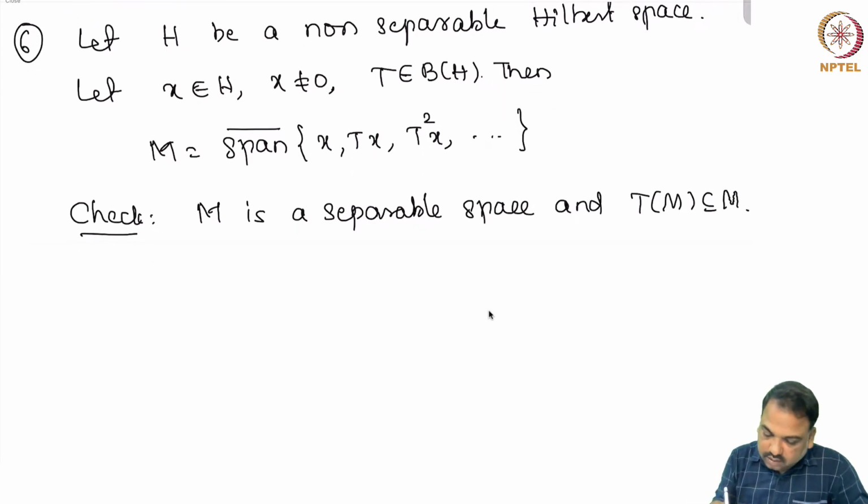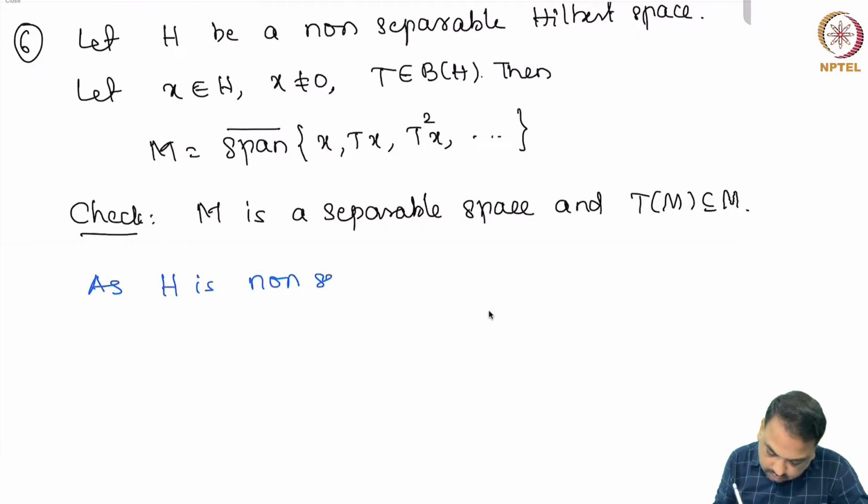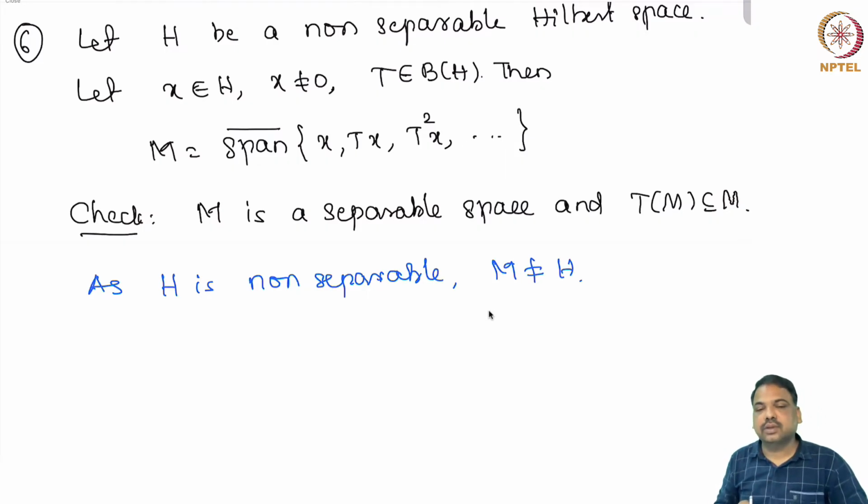Now, since H is non-separable and M is separable, M cannot be equal to H and M cannot be 0 also.